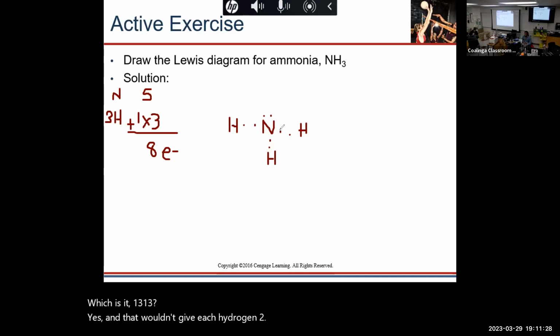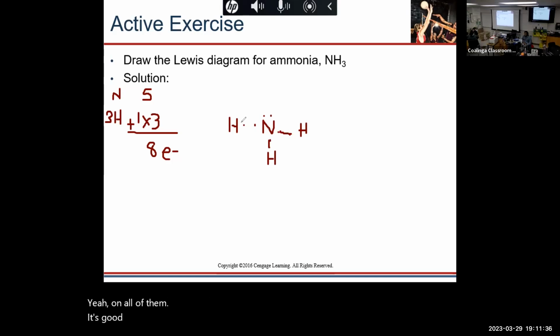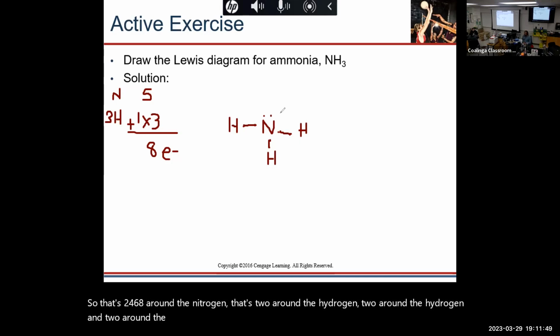Okay, so just make a bond between here, on all of them. So that's 2, 4, 6, 8 around the nitrogen. That's 2 around the hydrogen, 2 around the hydrogen, 2 around the hydrogen. Piece of cake.